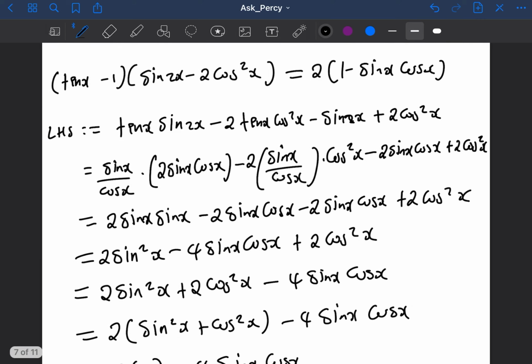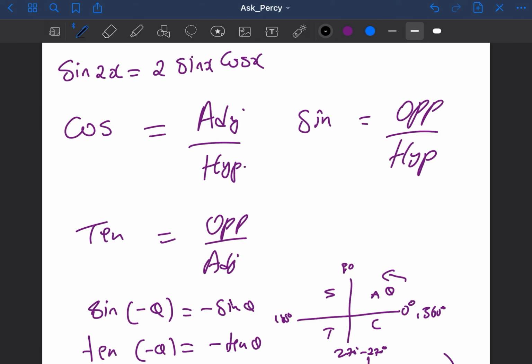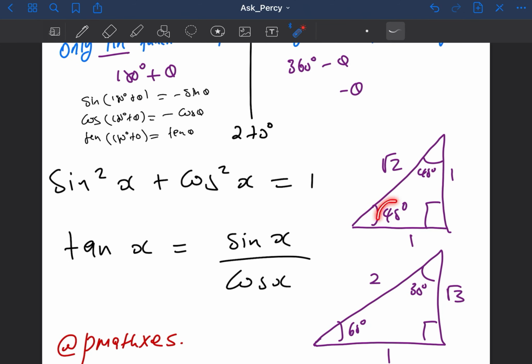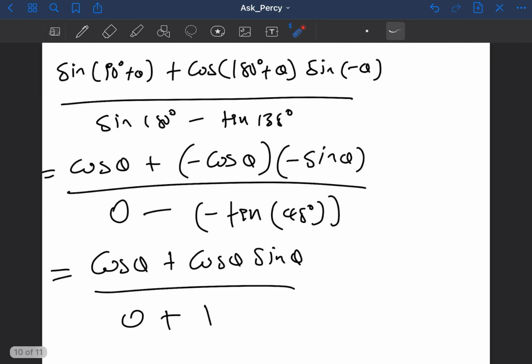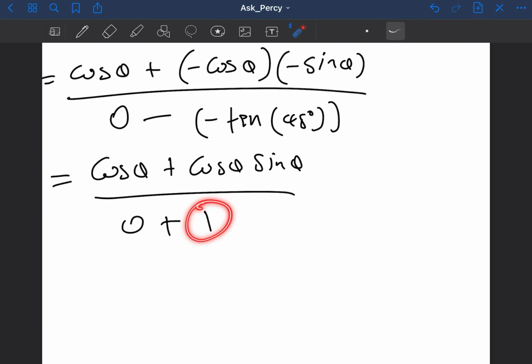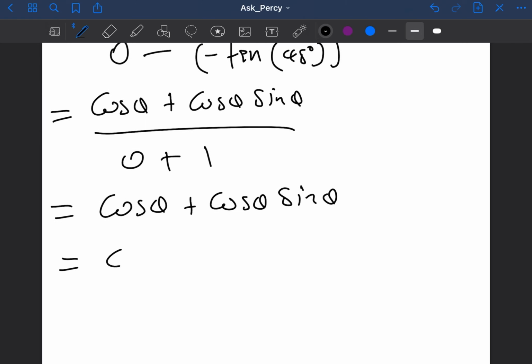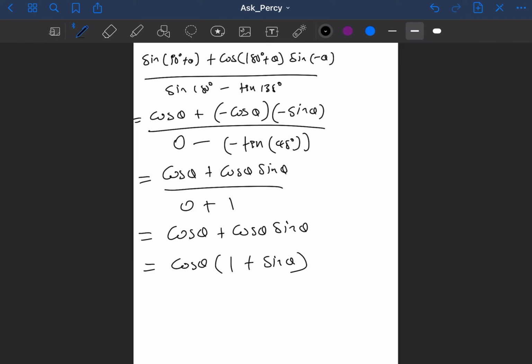Tan is opposite over adjacent, so tan 45 is 1 over 1, which is 1. So you're left with cos theta plus cos theta sine theta, and this is cos theta times 1 plus sine theta. Voila. All right, cool. So that's basically my answer to you.